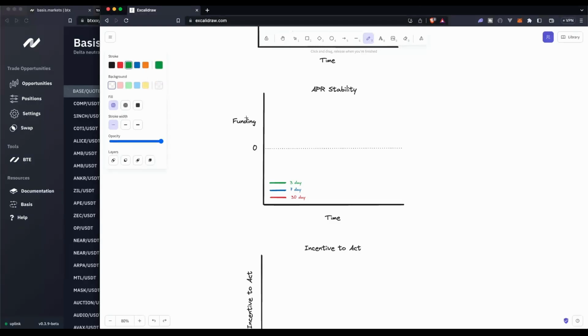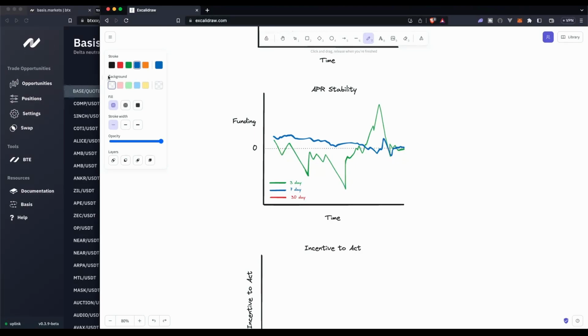So it's important to understand that stability of that APR is quite important. So if we have a 3-day APR stability that could look like this on a token, and it's jumping around quite a lot. So it's hard to understand, if I stay in this trade for 30 days, what's going to happen? Am I going to get paid, or am I going to get shafted because the APR is not stable enough? And then if we look at the 7-day, it might be something like this, a little bit more stable.